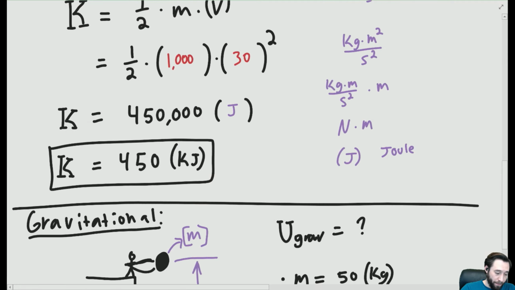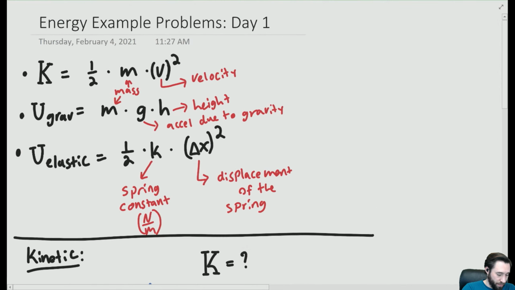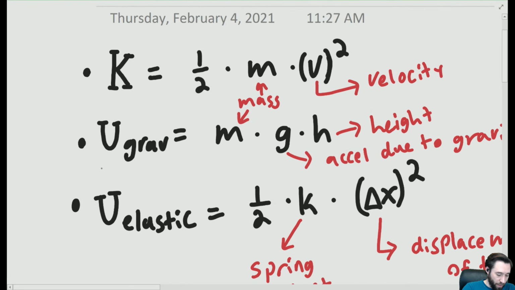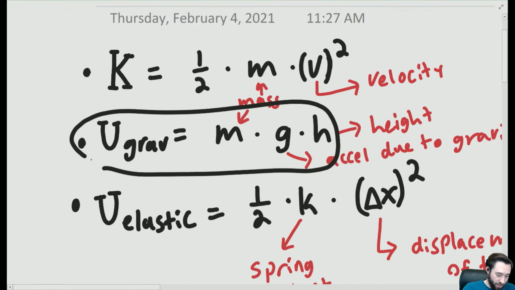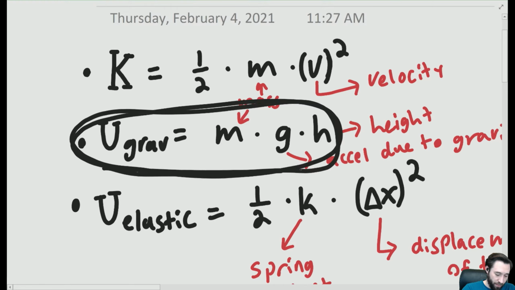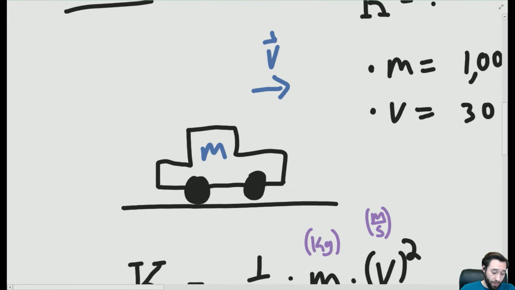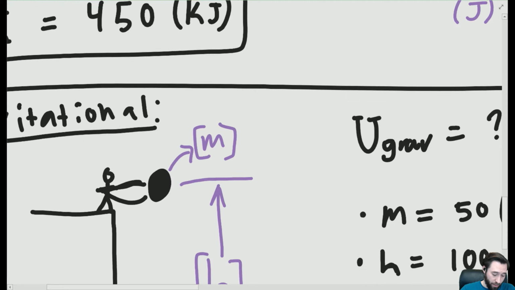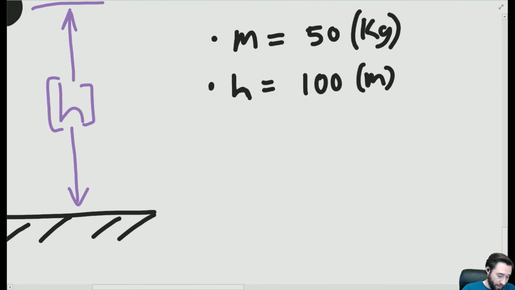Now, if I go back up to my equations, U-grav is just mass times gravity times height. And remember, in my class, gravity is just going to be 10 to keep the math easy. So we can go ahead and throw that down here.